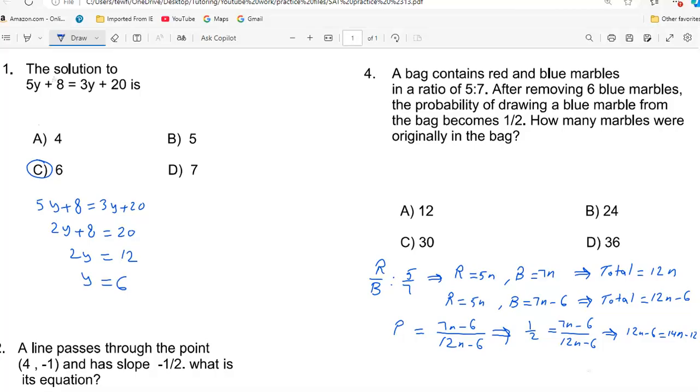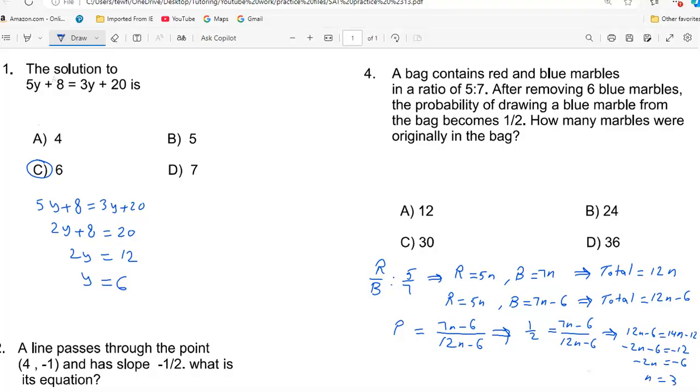And now we're looking for n, right? So if you isolate n on one side, I'm going to subtract 14n from both sides, and get negative 2n minus 6 equal negative 12. Add 6 to both sides, negative 2n equal to negative 6. If I divide both sides by negative 2, I get n equal positive 3.